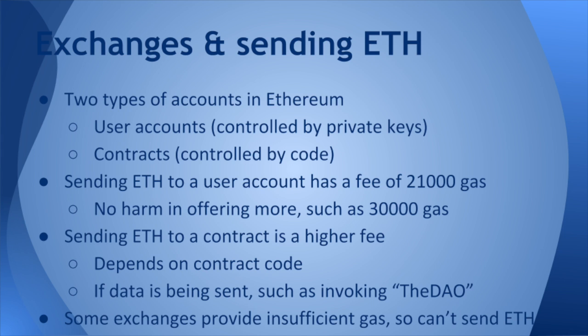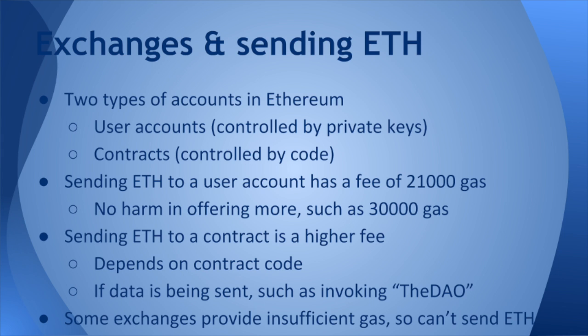But sending Ether to a contract is a higher fee, and that fee depends on the contract code. It also depends on whether data is being sent. For example, with the DAO contract, usually when you're interacting with it, you're not just sending it Ether, you're calling some function in it.